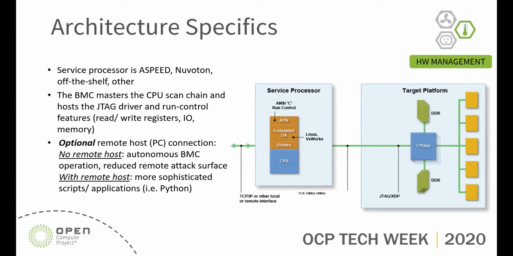The beauty of that is you get the debugging functionality without the exposure of the remote attack surface and possibly a bad actor getting into the system that way. If you're able to create a secure connection and you're confident in your BMC as a root of trust, you can implement the remote host connection. And then you've got the possibility of running some more sophisticated scripts or applications written in a higher level language like Python to support the Intel customer scripts, C scripts and such.